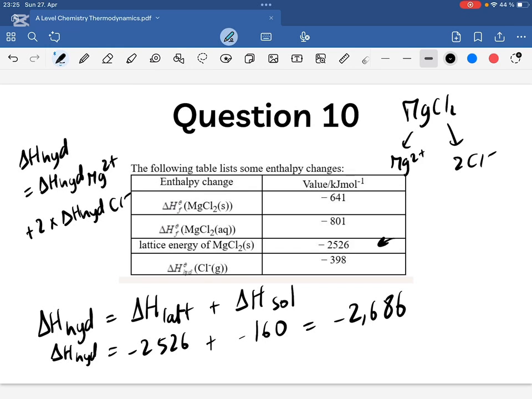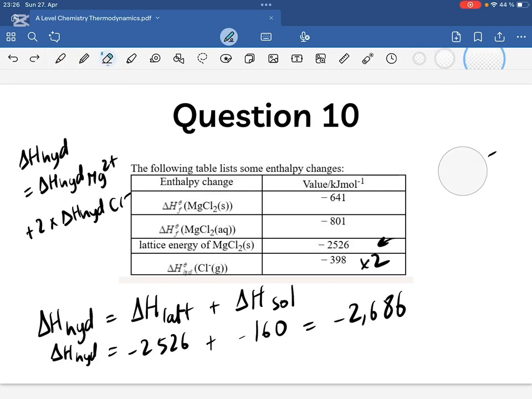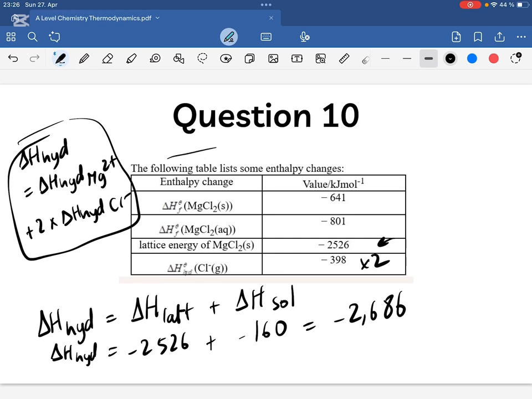So this delta H hydration of Cl- needs to be multiplied by 2. So let's substitute the values. Delta H hydration is minus 2686. Delta H hydration for Mg2+ is the one that I need to find. And the 2 times the delta H hydration of Cl- is going to be 2 times minus 796.